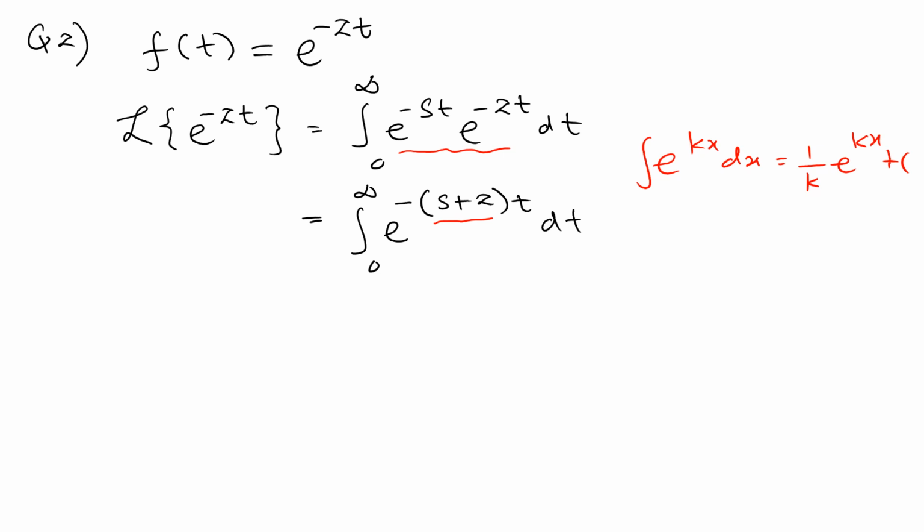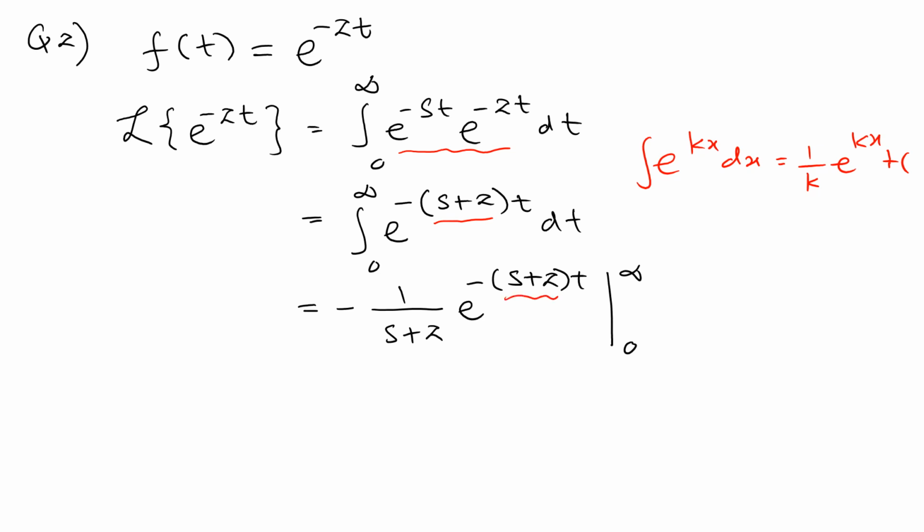That means this is going to be, as before, the negative sign we write in front, so it is 1 over s + 2, and then e^(-(s+2)t), again evaluated from 0 to infinity. You see you have s + 2 terms, and you want to make sure that is positive.